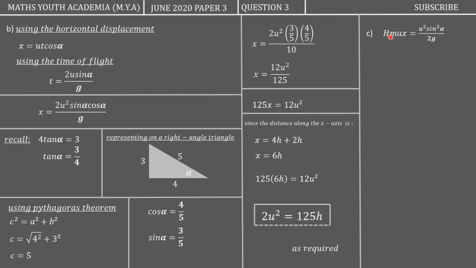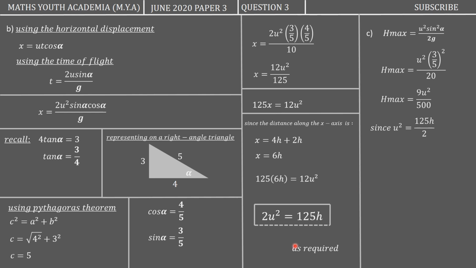Okay, C, I have my maximum height as u squared sine squared alpha on 2g. Okay, sine squared alpha, I just square our sine alpha, which is 3 on 5, times 2 times 10. Okay, if I simplify correctly, I'll have 9u squared on 500.